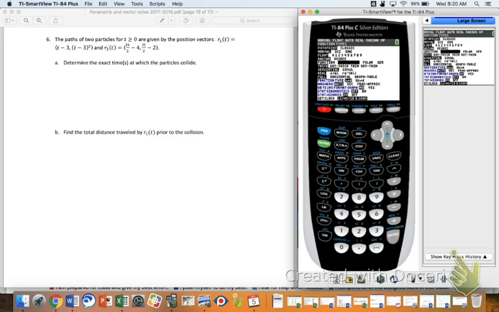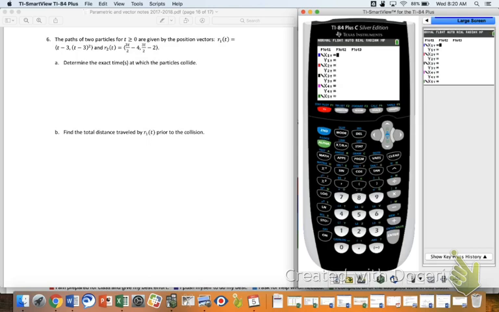Okay, so for my first one, it's going to be t minus 3 for my x component, and for my y component, it's going to be t minus 3 squared. For my second, I'll just put 1.5t minus 4 and 1.5t minus 2.